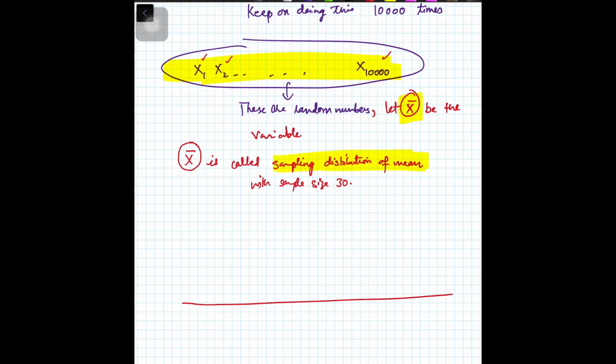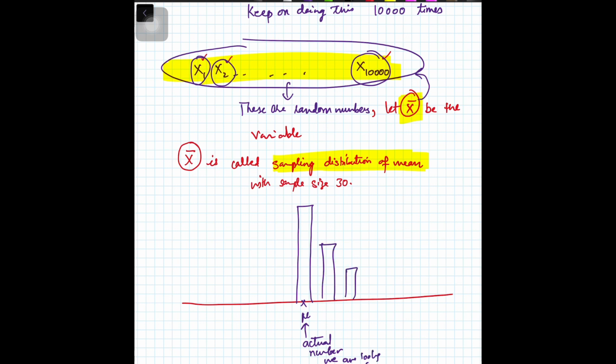That means the realizations of x bar are x bar 1, x bar 2, up to 10,000, whatever number you have taken. If you plot it, you'll get something like this. If this is the actual number we are looking for, we don't get the exact number, but we get some distribution. I'm expecting a normal distribution.